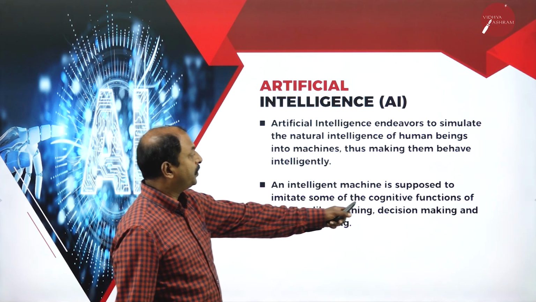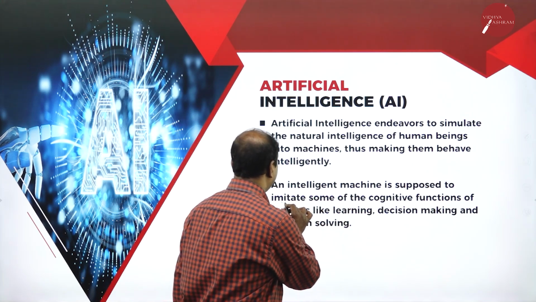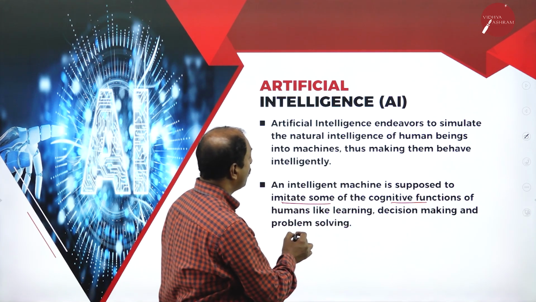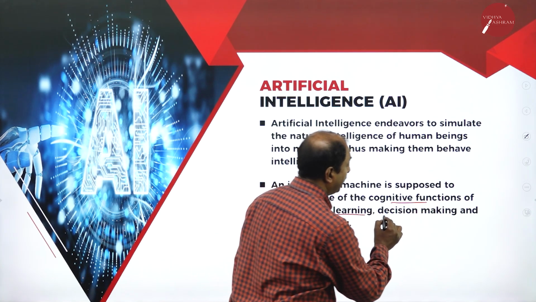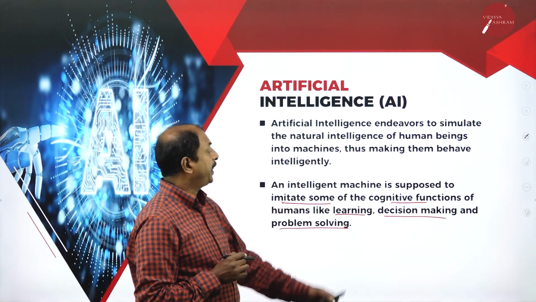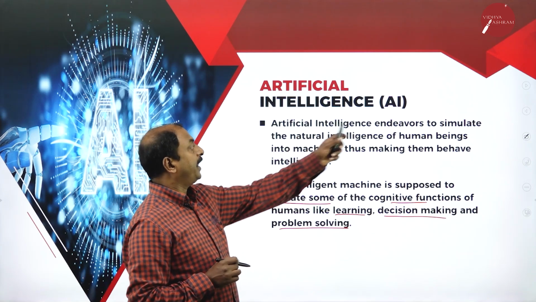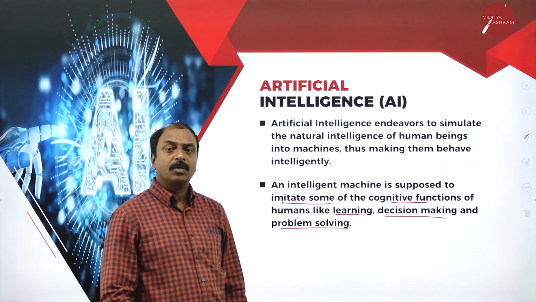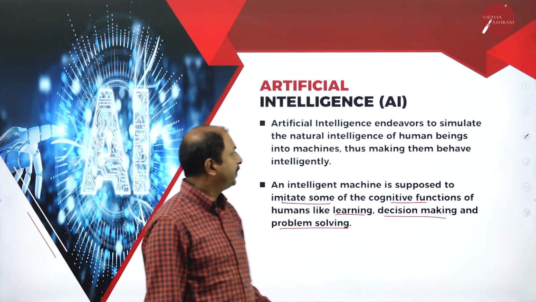Now, an intelligent machine is supposed to imitate some of the cognitive functions of humans like learning, decision making, and problem solving. So these are the main concepts where AI or artificial intelligence is being incorporated in our day-to-day life.